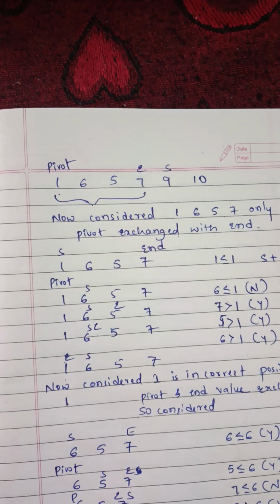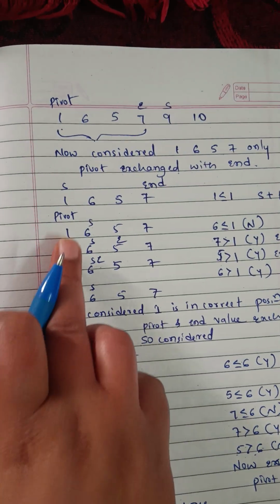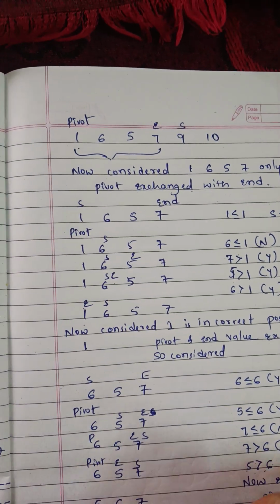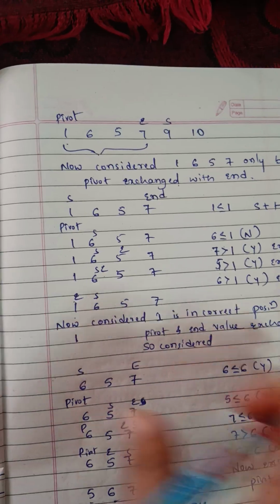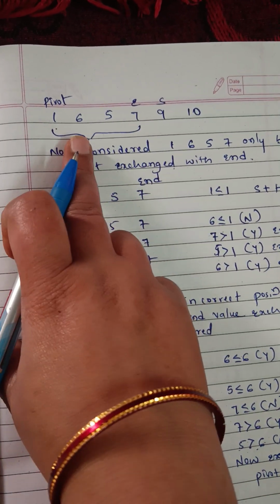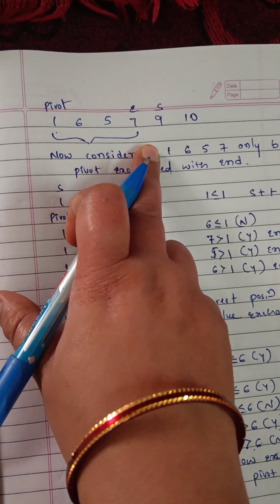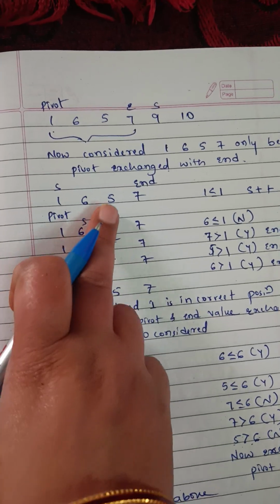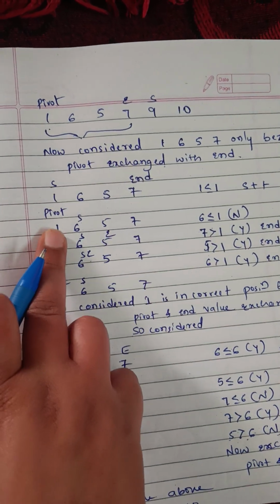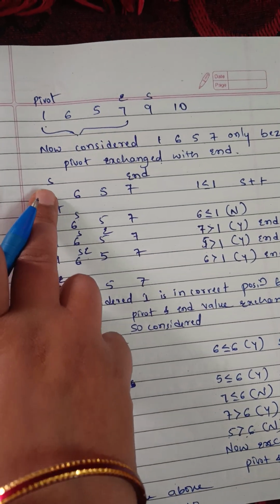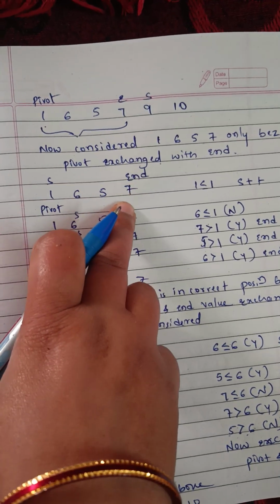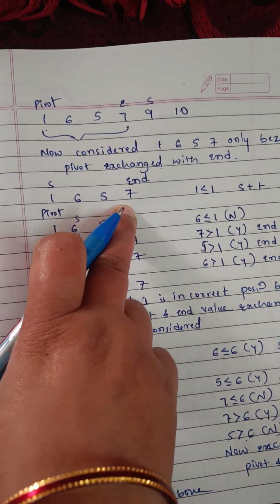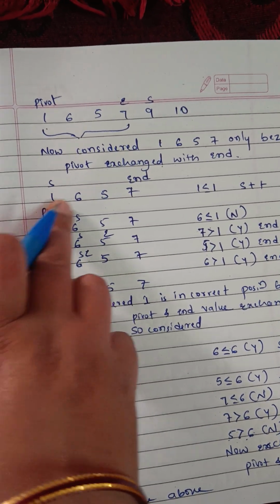Let's see what happens for the 1 6 5. You could solve with 1 6 5 up to 7, but if we consider 1 6 7, the pivot becomes 1, and then the start and the end. Is 1 lesser or equal to 1?